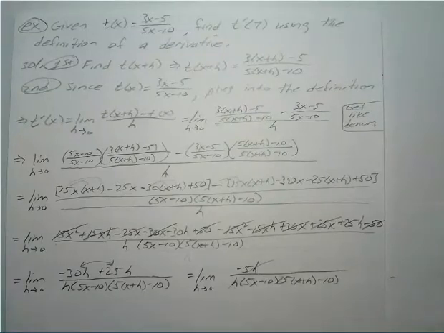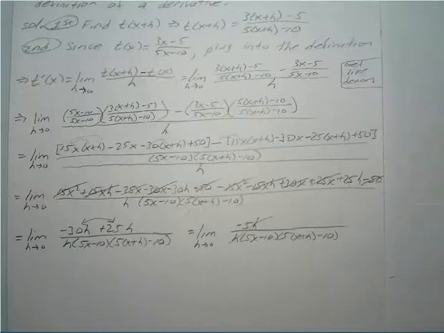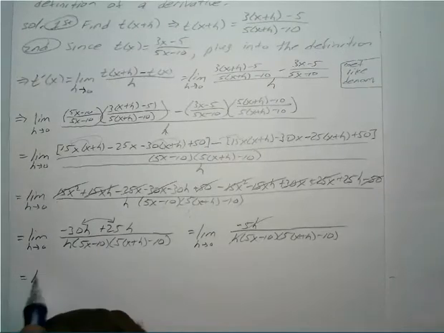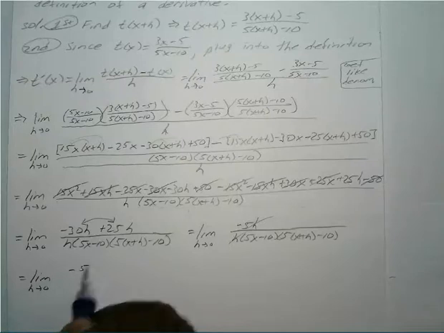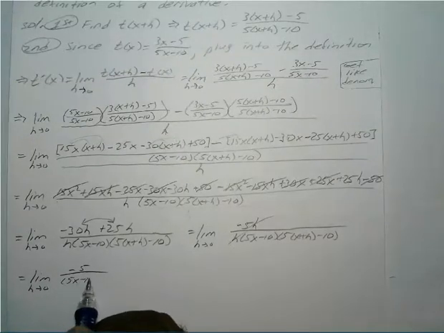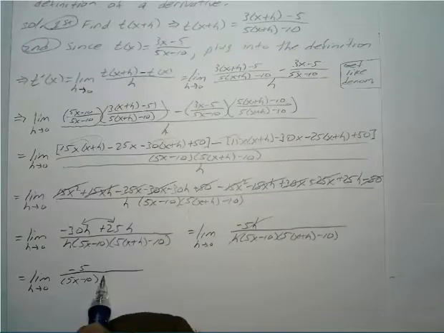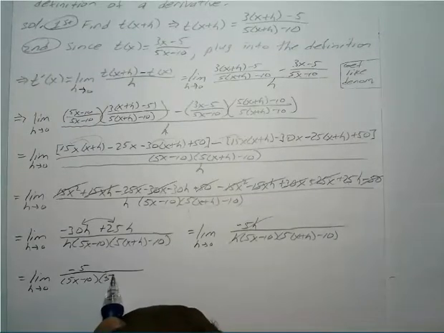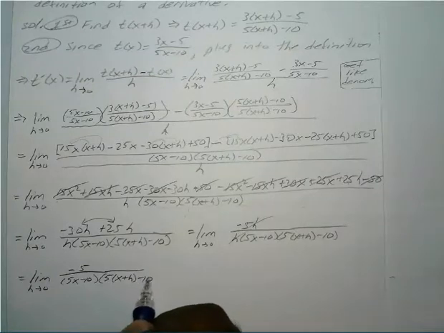Once our two h factors cancel out, that'll be equal to the limit as h approaches 0 of negative 5 over (5x minus 10) times (5x plus h minus 10).